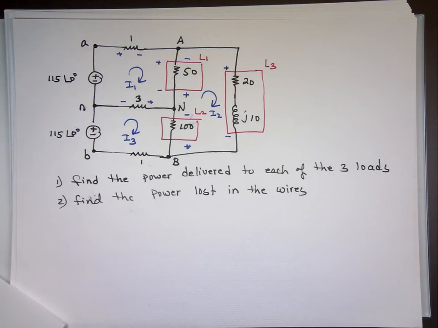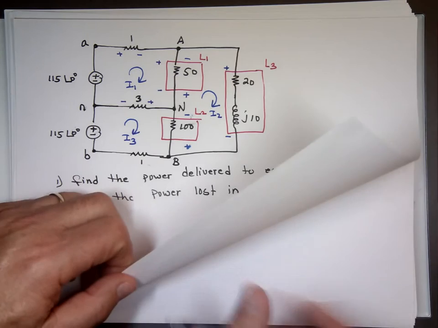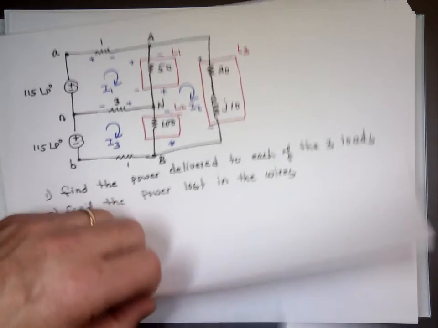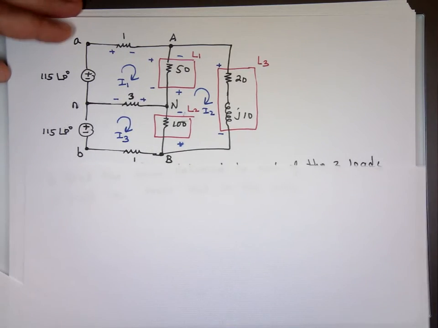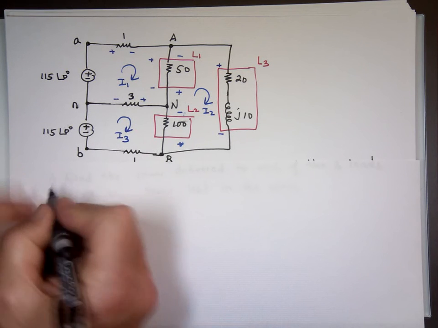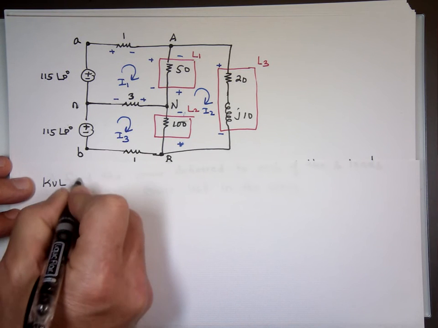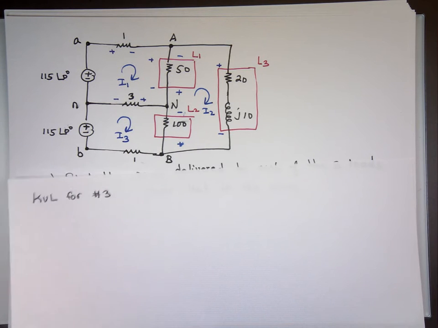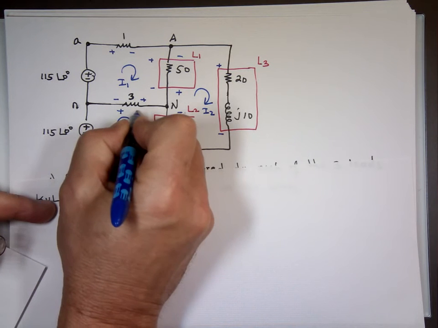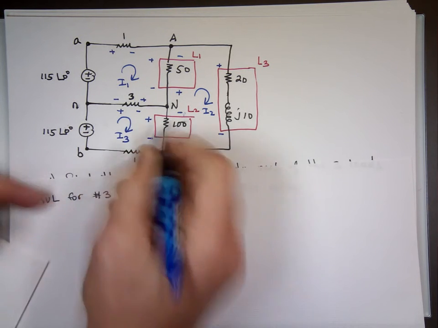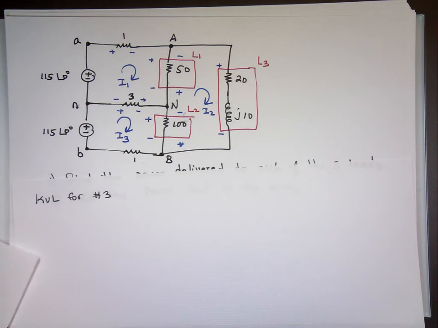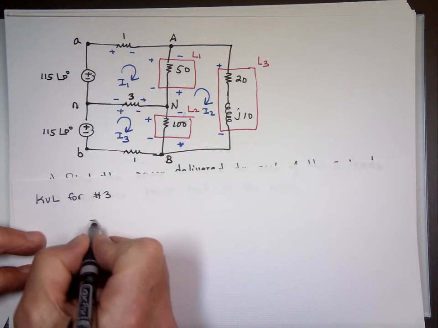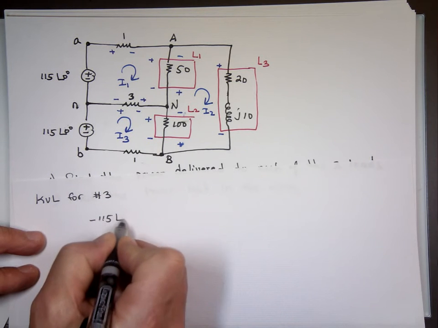Let's do loop number 3, KVL, loop number 3. Again, I'm traveling clockwise inside this. I'm looking plus to minus, plus to minus. So I'll begin with the source. That's a negative 115 angle 0.